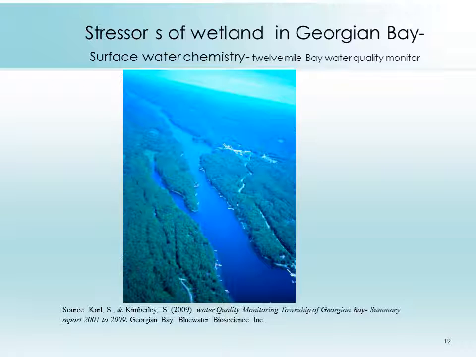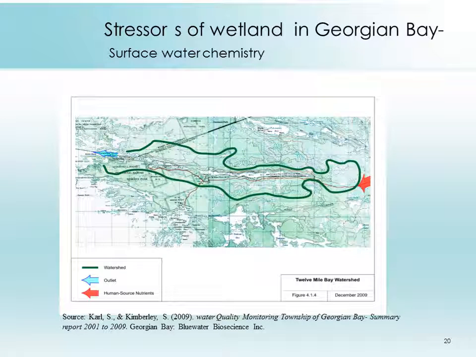This photo illustrates the 12 Mile Bay watershed. The red arrow means the human source nutrient. The blue means the bay outlet.